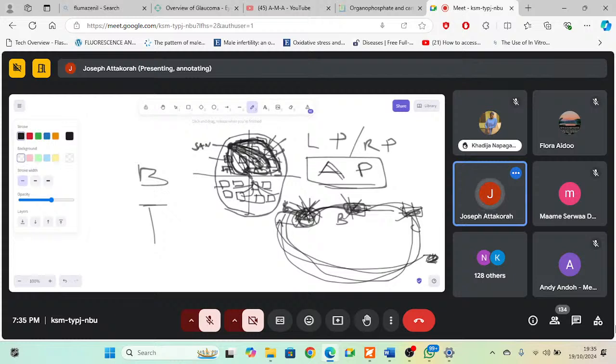The same as the sinoatrial node releasing impulses, and these impulses going through different routes. At the end of the day, they will all converge. So when the fast ones get to the AV node, the AV node will say, hey, wait, let's wait for the others. So the AV node will hold and wait for all the impulses.